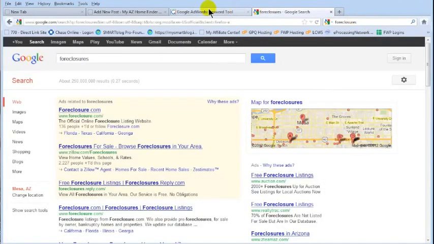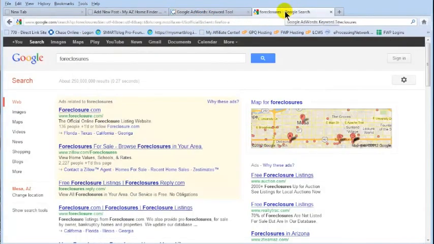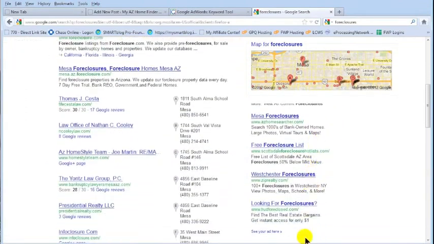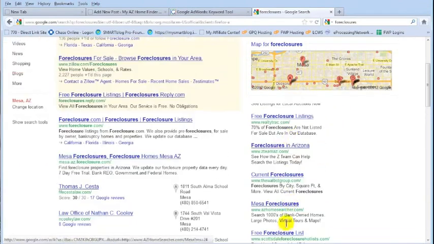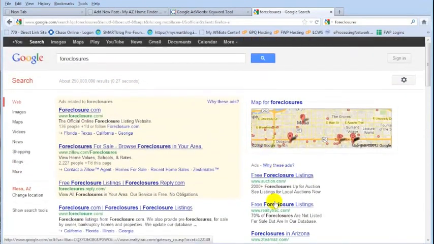Now foreclosures, when they say highly competitive, what they're pointing to is the advertising for foreclosures. So foreclosure.com, this section here and these ads over here, they're talking about what's the competition for this specific word in the Google Ad Network.